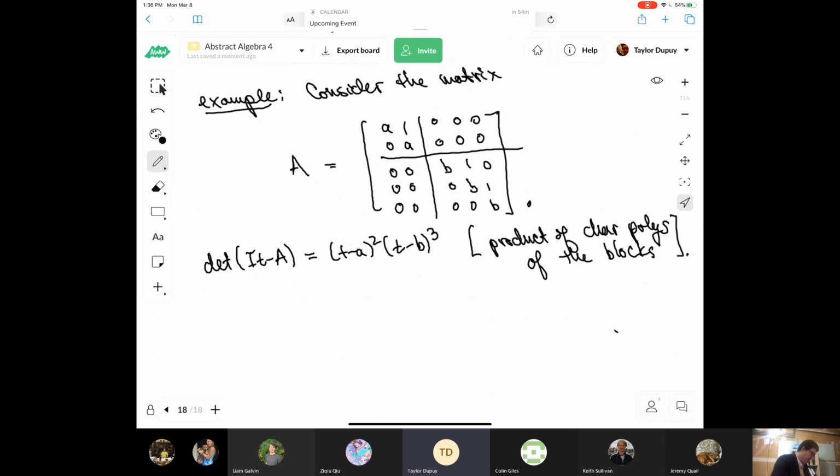That's something you should check: for block diagonal matrices, when you take a determinant, it's the product of the determinants.